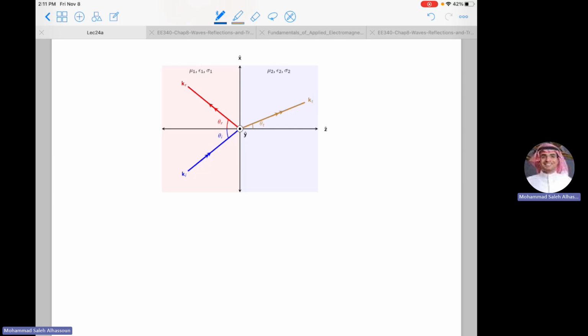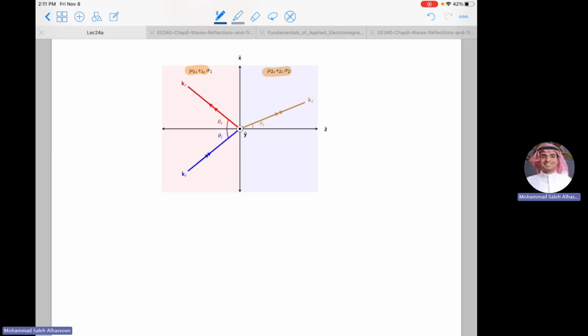So the situation is that we have an interface between two media, medium 1 and medium 2. In this case, we're assuming both medium 1 and medium 2 are lossless, but the analysis can be easily generalized when we have a lossy medium.